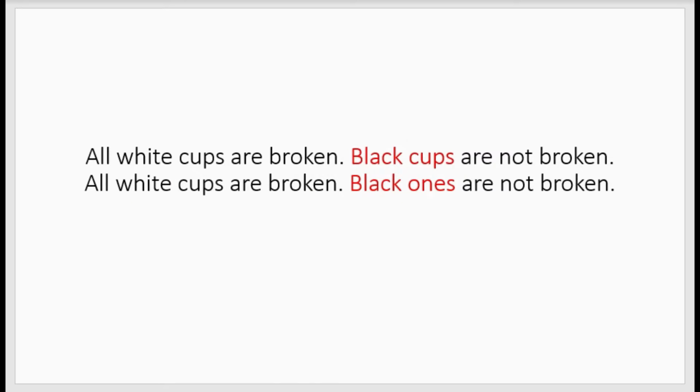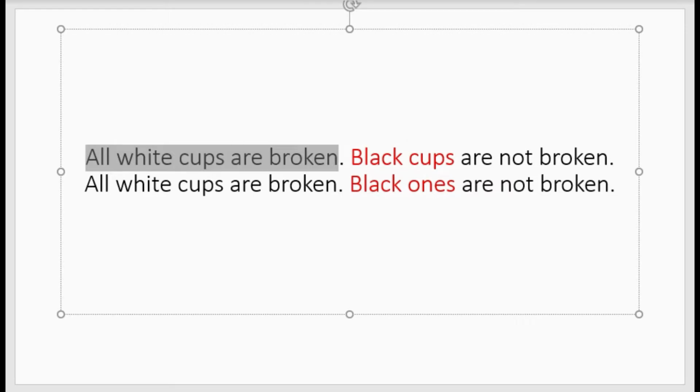Example, you have here, all white cups are broken. Black cups are not broken. Can you see here? Black cups is an adjective here, starting at the beginning of the second sentence.